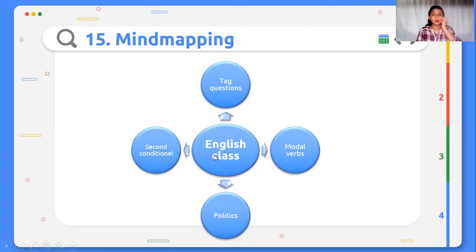And here I put three topics that I have already taught: second conditional, question tags, and modal verbs. And I put politics, which is a topic that I haven't taught before.